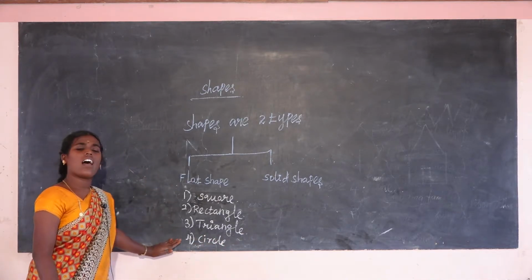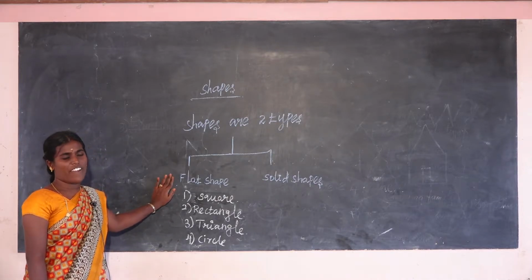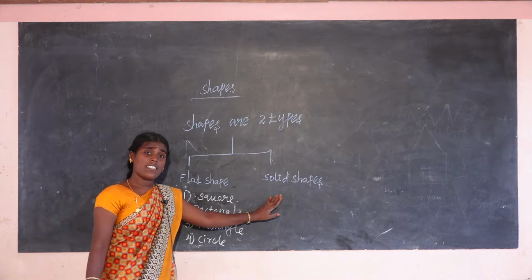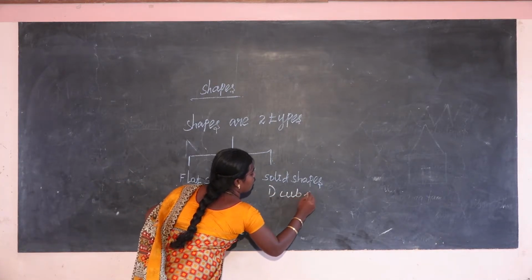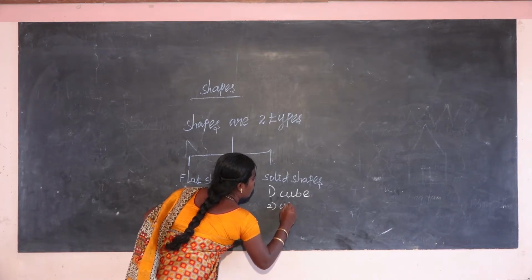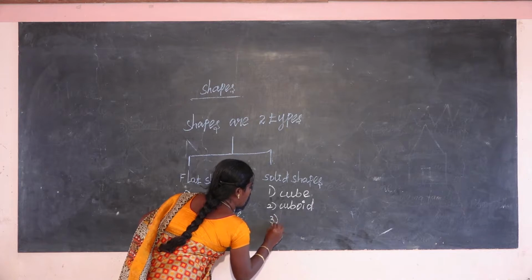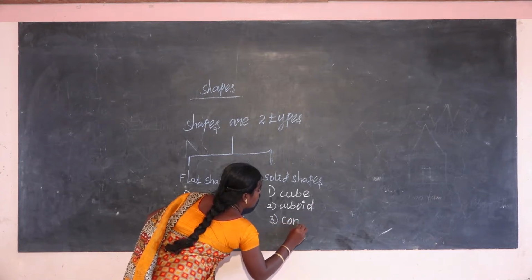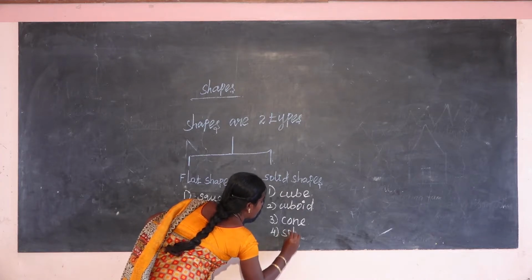These are all examples of flat shapes. Then examples of solid shapes are the cube, cuboid, cone, sphere.